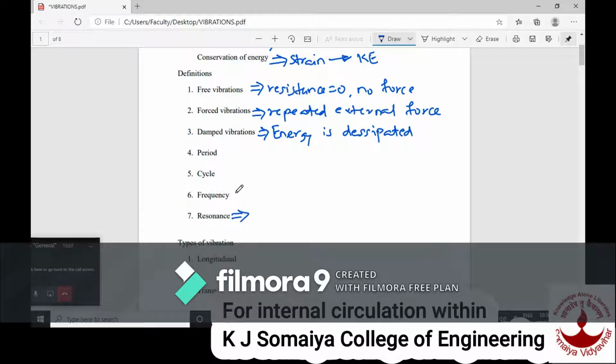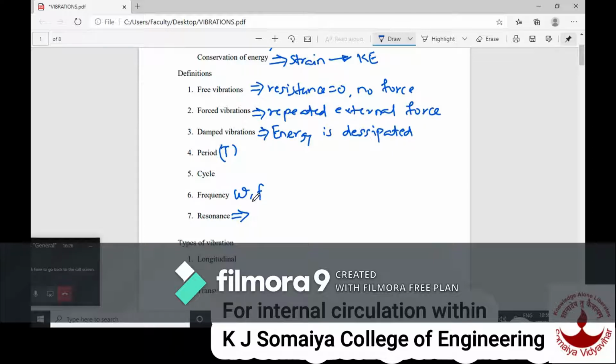Now, the time period is denoted as T. Frequency is generally denoted as f, but here we will denote the angular frequency with omega, or also with f. When we talk about frequency, there are two different frequencies possible for a vibrating body.